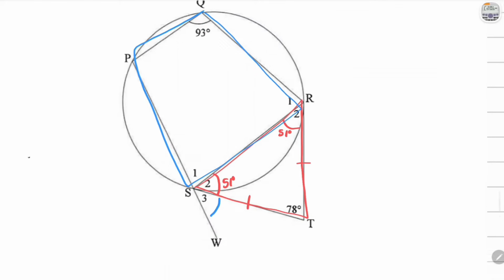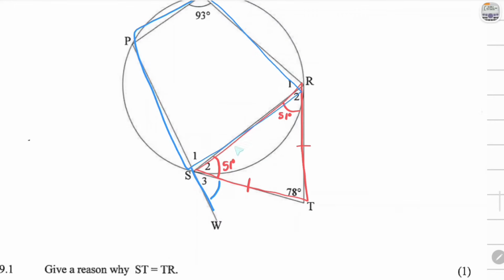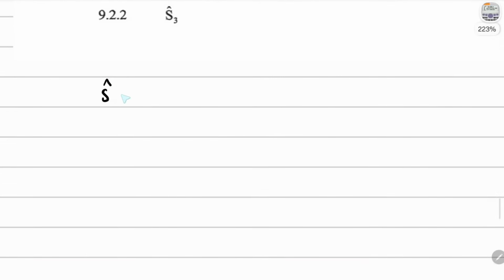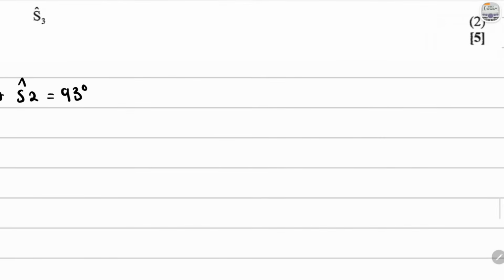And in a cyclic quad, the exterior angle of the cyclic quad is always equal to the opposite interior angle. So this means that angle S3 plus angle S2, which is 51 degrees, should give us 93 degrees. So we can tell them that angle S3 plus angle S2 is equal to 93 degrees. And that is because of the exterior angle of a cyclic quad.